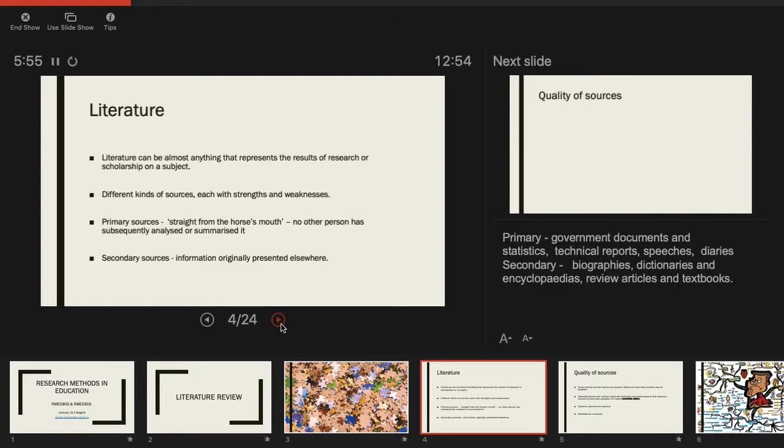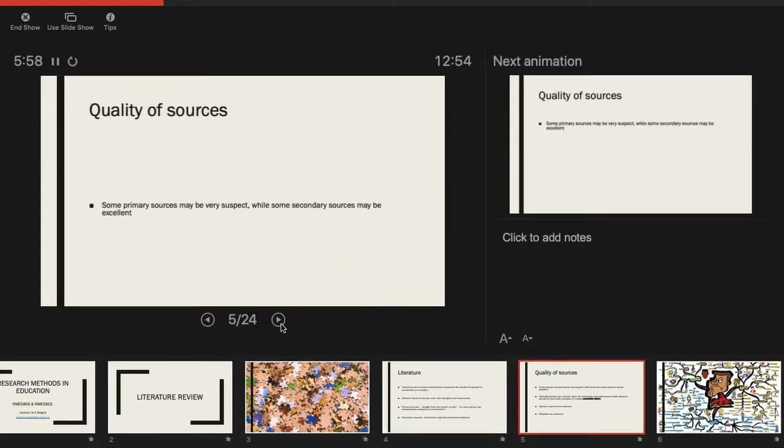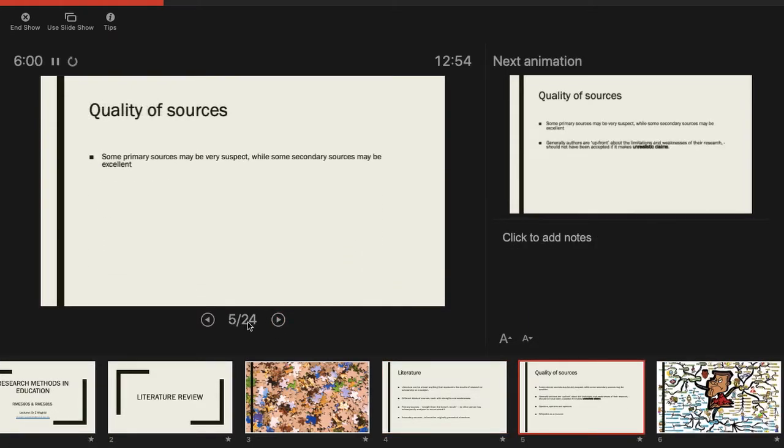Okay, so when we're looking at the types of sources, we also look at the quality of the sources. Some sources may be considered suspect, while some secondary sources may be considered excellent. Now, generally, in any research article, you will find that authors provide the particular limitations and weaknesses of their research.